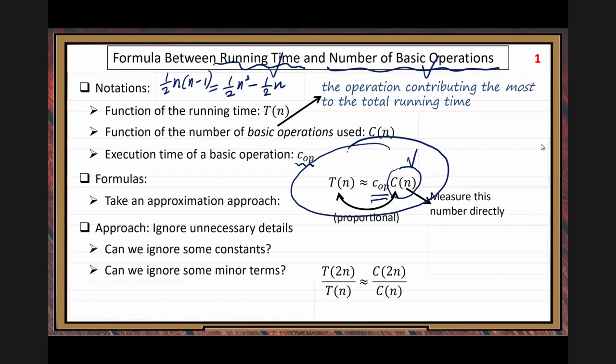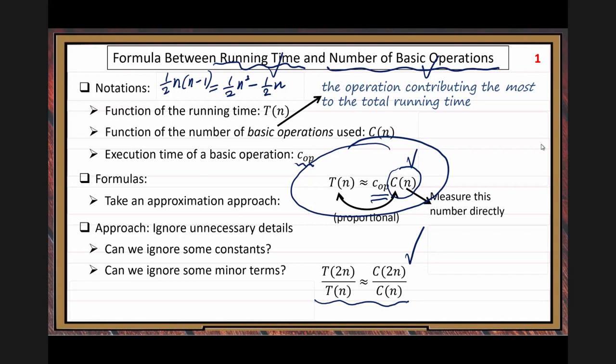And this formula is true on all machines. After we cancel that little c op, this relationship should be true on all computers. That means we eliminate the hardware differences.